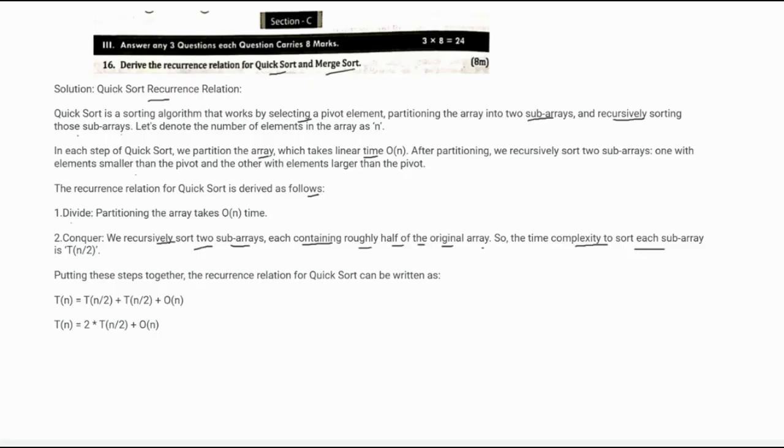Putting these steps together, the recurrence relation for quick sort can be written as T of n equals T of n by 2 plus T of n by 2 plus O of n. How many times do we have T of n by 2? It is 2 times. So T of n equals 2 times T of n by 2 plus O of n will be the derivation for the recurrence relation of quick sort.